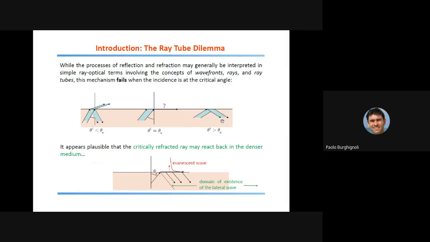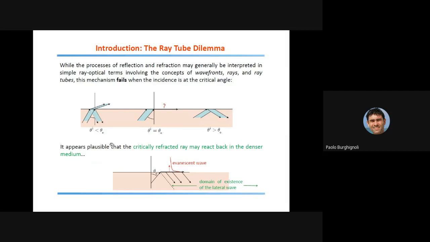That's why we call this phenomenon total reflection, because the reflection coefficient has a magnitude equal to 1. However, exactly at the critical angle, the direction of propagation of the transmitted wave should be grazing, that is exactly at pi/2 angle with respect to the normal to the interface. So the tube that contains the power flux shrinks into a zero cross-section tube, so we could not tell where the incident power goes in this ray optical picture.